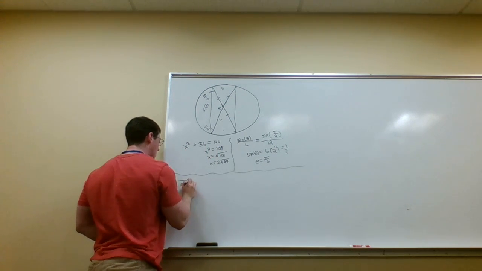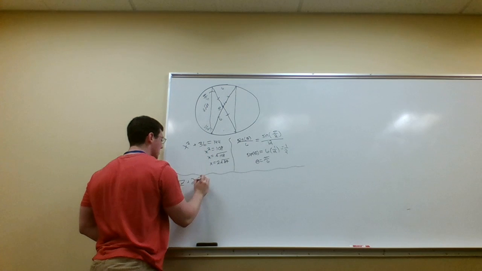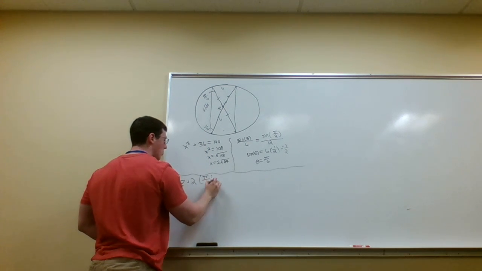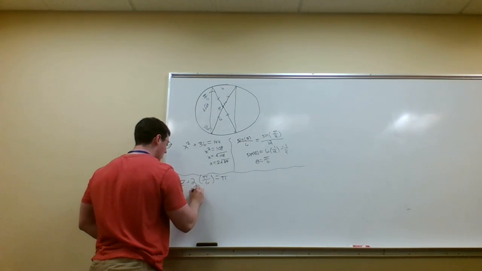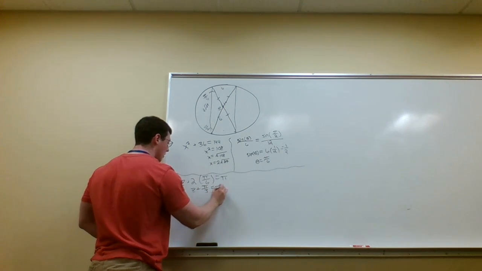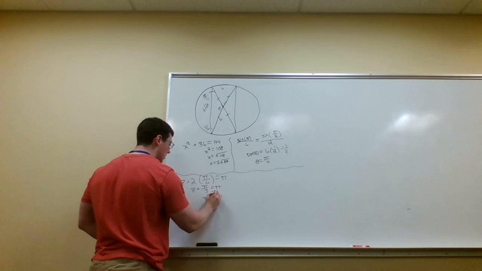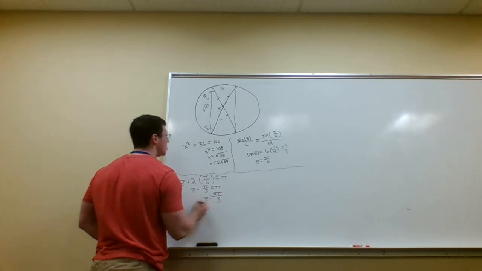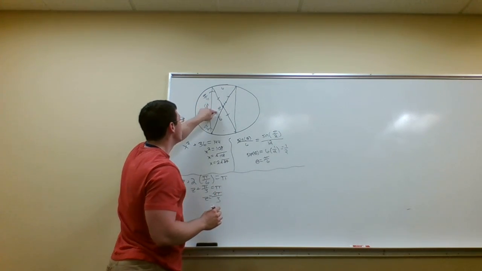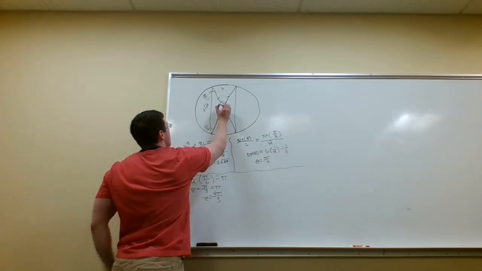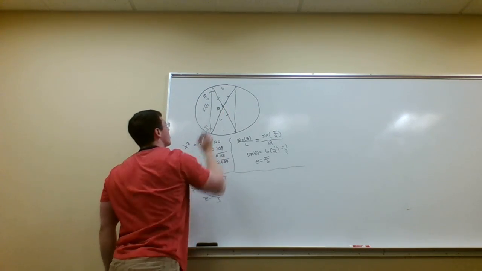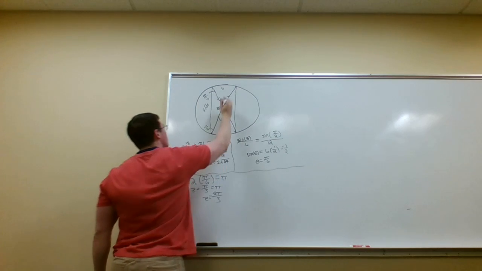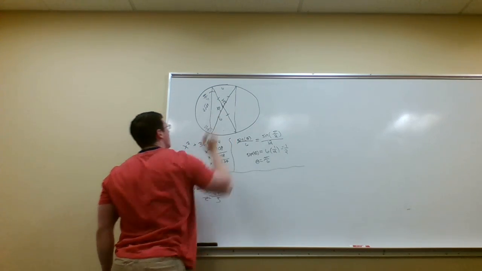So z plus 2 times pi over 6 equals pi. Z plus pi over 3 is pi. Z is 2 pi over 3. So that's this angle here. Well, these form a linear pair, so this one's going to be pi over 3.